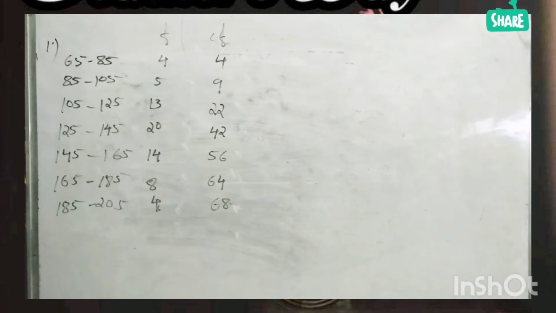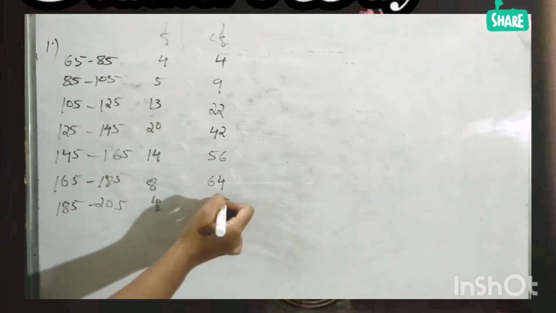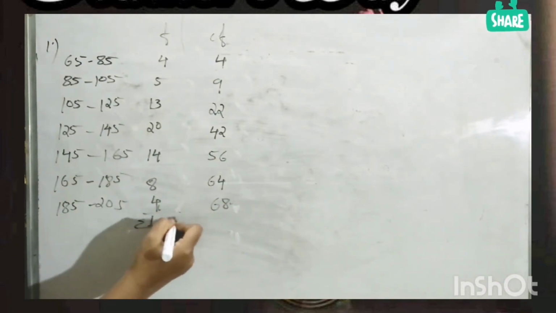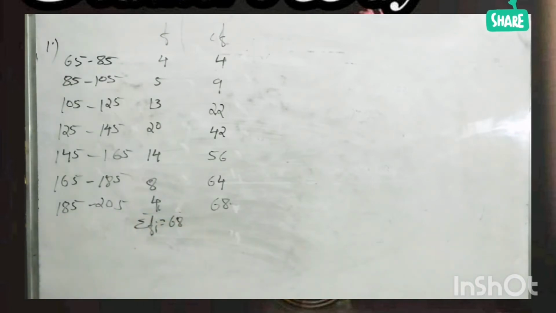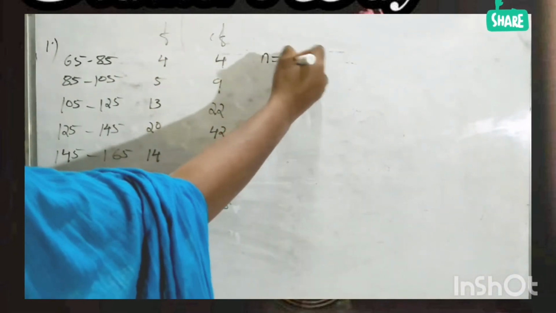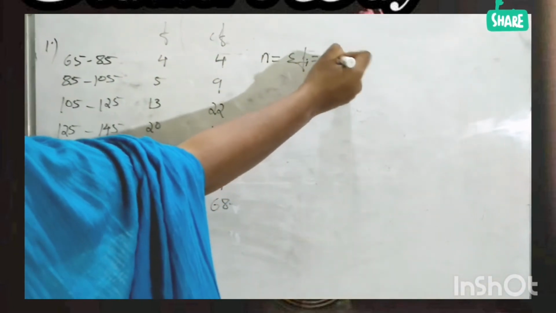Now we need to look at the median class. For that, the last value, that is actually the summation fi, is equal to 68. To look at the median class, we need to take n is equal to summation fi is equal to 68.